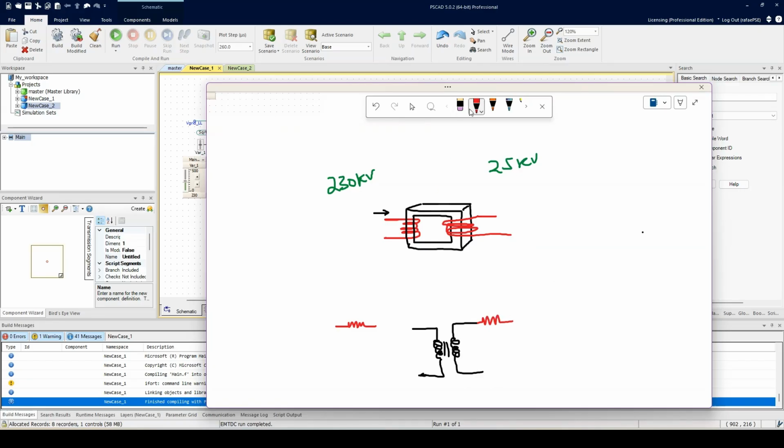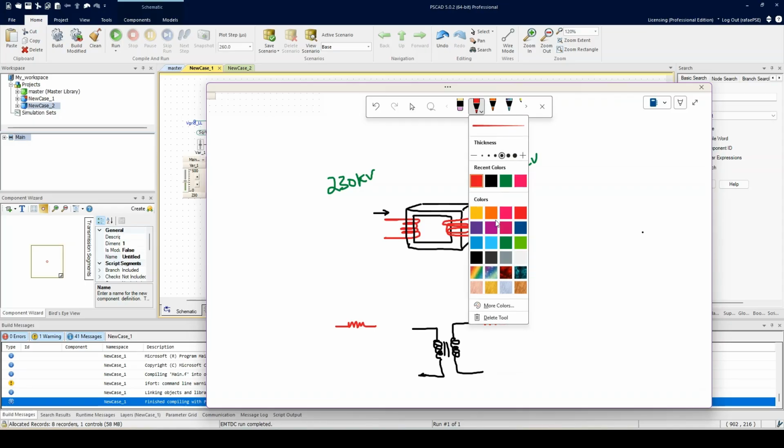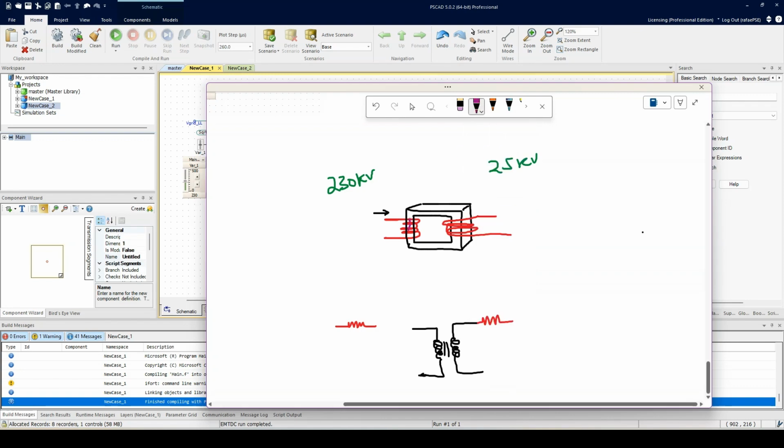Now, when current is going through the transformer, another thing that happens is that magnetic fields establish in the core, and this could be an iron core, let's say. The reason we have current on the secondary side is that the current on the primary side creates magnetic fields.